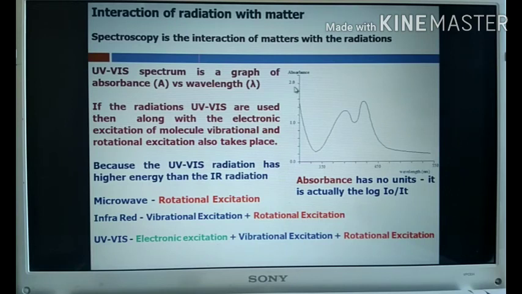Here absorbance increases on the y-axis, and here on the x-axis it is wavelength in nanometer, isn't it? So therefore the UV visible spectrum peak is obtained by electronic excitation, vibrational excitation and rotational excitation.